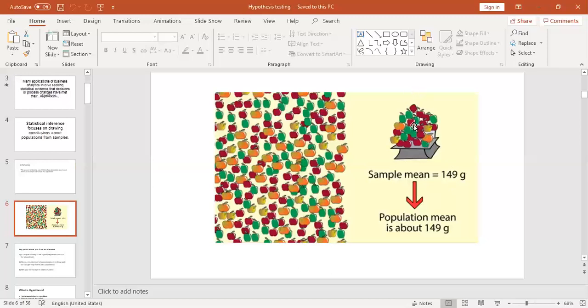So if you are going to draw a conclusion with regard to the mean weight of the apples in the population based on this sample, we say that you are drawing a statistical inference based on the sample. You are drawing a particular conclusion based on the sample, and we call that statistical inference.